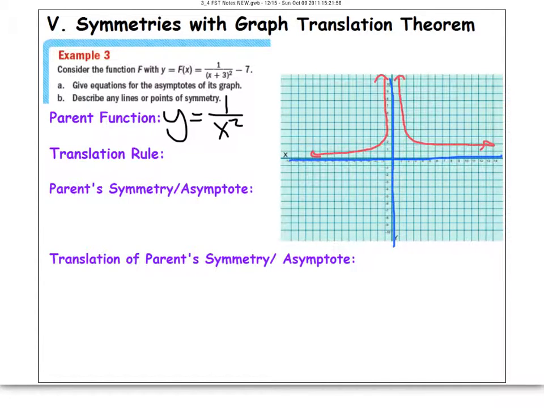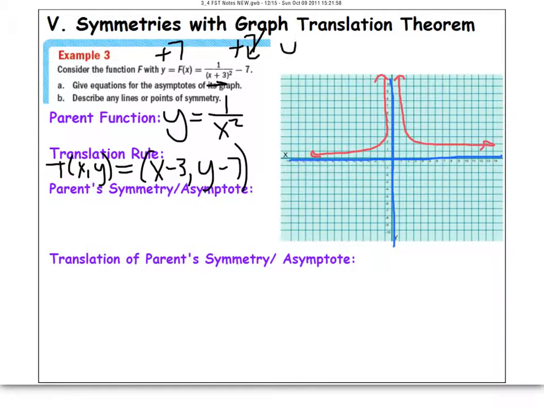Well, what's the translation rule? Remember, they're asking how did the ordered pair move? Well, it's always backwards for the x, so the x's are really going minus 3. And if the y value is on the other side and not with the y, it's just what I see, so it's y minus 7. Or remember, our book will regroup that 7 with the y and rewrite the equation to look like this.